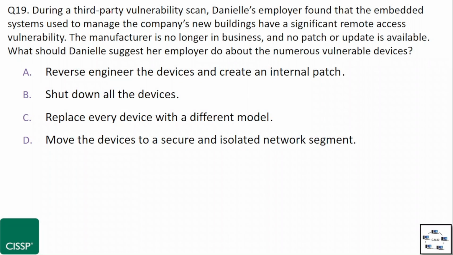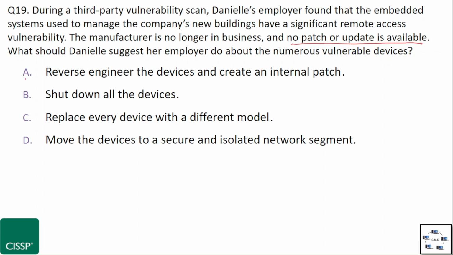Question number 19. During a third-party vulnerability scan, Daniel's employer found that the embedded system used to manage the company's new buildings has a significant remote access vulnerability. The manufacturer is no longer in business and no patch or update is available. What should Daniel suggest her employer do about the numerous vulnerable devices?